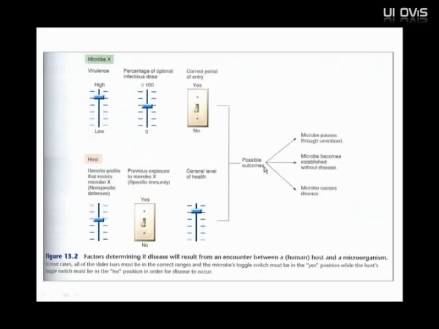The third outcome is that the microbe causes disease, and this will appear when the microbe has virulence and enters the body through the correct portal with the optimum dose, and the host does not have the antibody yet.